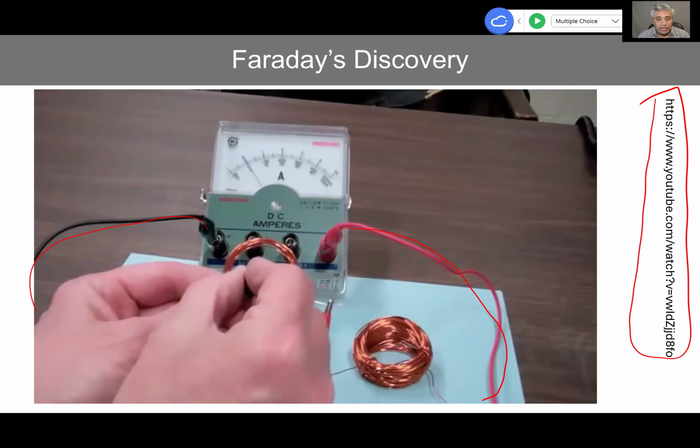It says positive current and negative current. Rather than saying positive and negative current, we may want to say it's going this way or that way. In this case, I think what this person means is that when the needle deflects to the left, that means negative current, and when it deflects to the right, that means positive current.